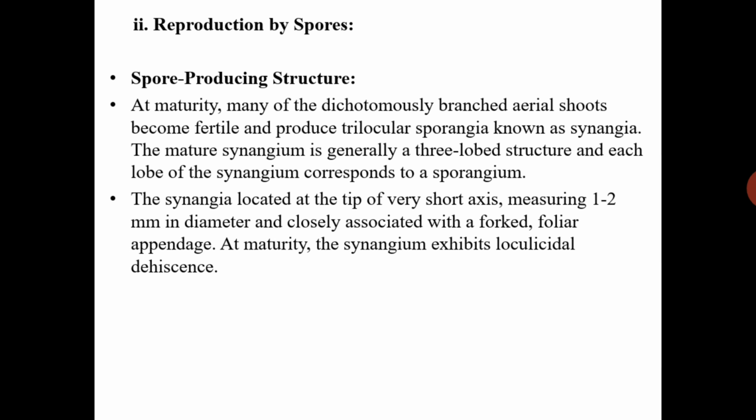The mature synangium is generally a three-lobed structure, and each lobe of the synangium corresponds to a sporangium. The synangia are located at the tip of a very short axis, measuring 1 to 2 millimeter in diameter, and closely associated with the forked foliar appendages. At maturity, the synangium exhibits loculicidal dehiscence. So it is nothing but it divides longitudinally here.